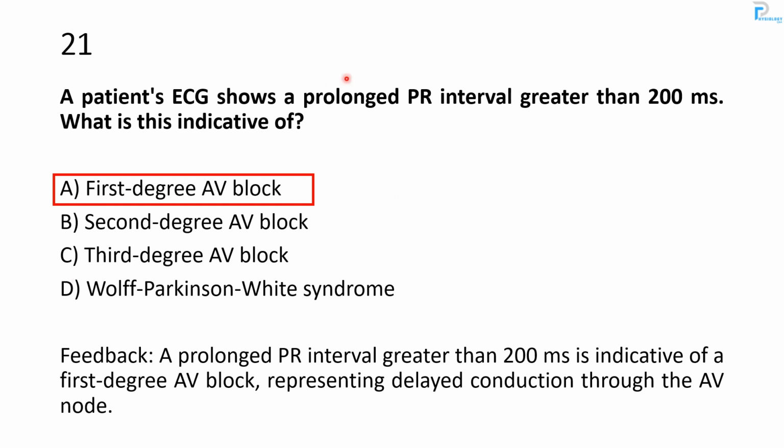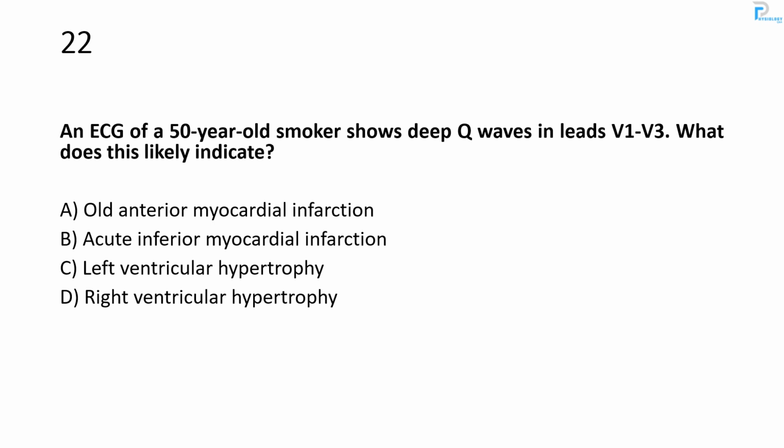A 50-year-old smoker showed deep Q waves in leads V1 to V3. What does this likely indicate? As I mentioned earlier, V1 and V2 represent the septum and V3 the anterior wall, and there is overlap between the leads, so from V1 to V3 we can consider it the anterior surface of the heart.